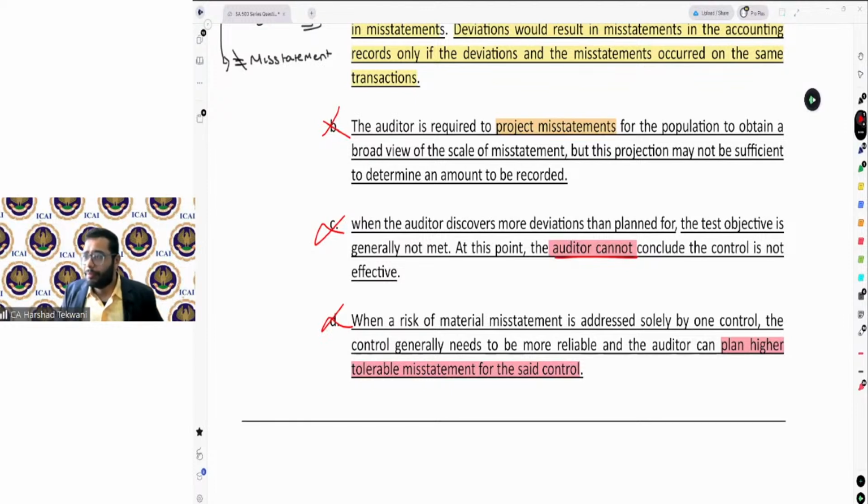Clear? Any doubt? So these are the concepts which are coming from SA 265, SA 315, SA 530, plus SA 330.